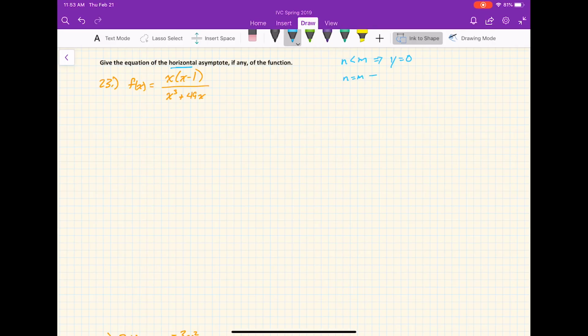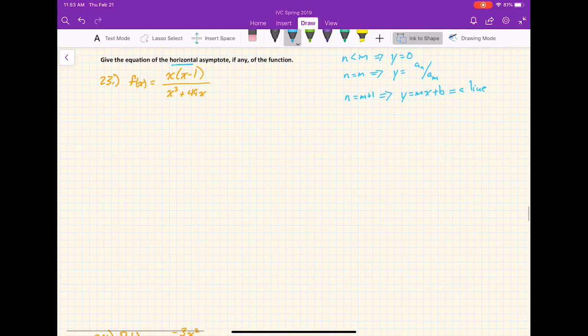If n equals m, then y is going to equal the ratio of the leading coefficients, a sub n and a sub m. And if n is equal to m plus 1, that's going to yield us a line. The equation for a line is y equals mx plus b. Like I said, it's a line, or it's going to be an oblique asymptote.